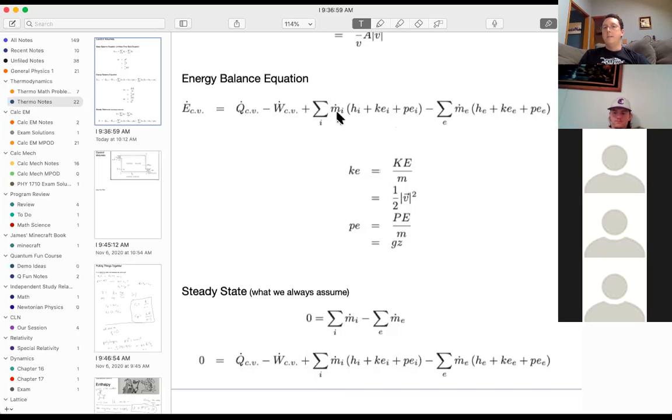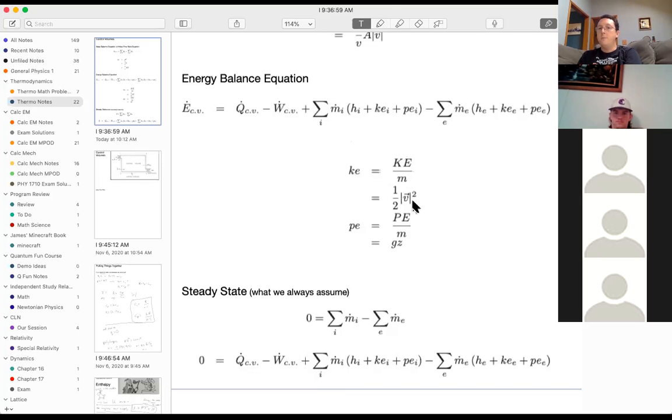All the time dependence is concentrated in the m dots, which we will actually take to also be the constant rates when we talk about steady state here in just a second. So in particular, lowercase ke is the kinetic energy per unit mass, because it's the specific kinetic energy.